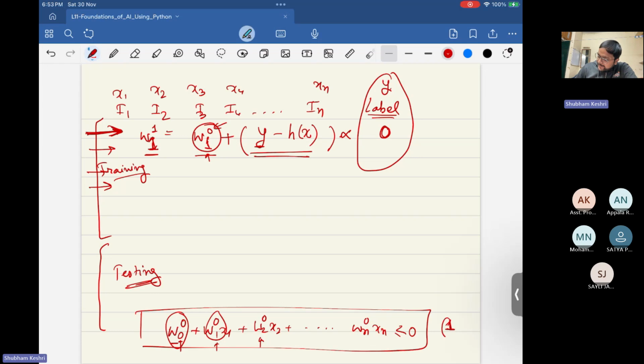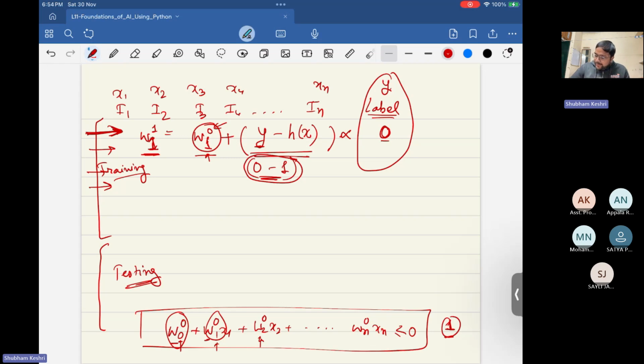I had predicted 1 but the label was 0, so it will be 0 minus 1. This is negative, so this weight will decrease. When the weights are decreased, this 1 will try to become 0. So we are trying to update it.